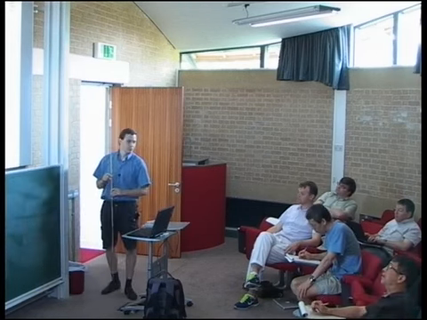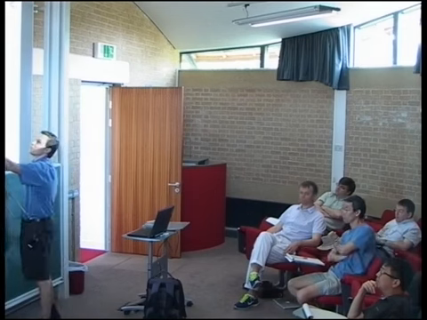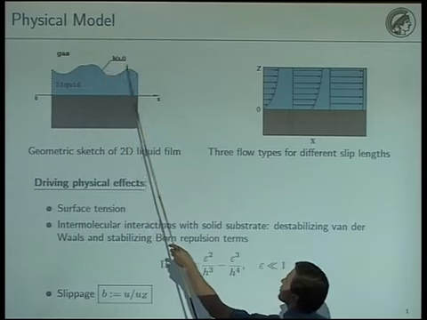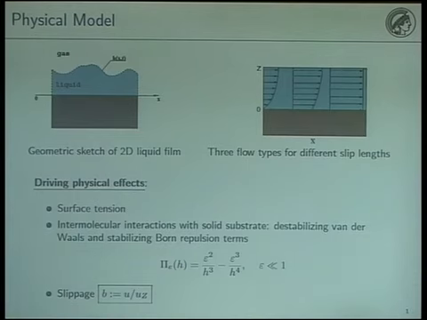So the physical setup of my model is very well known in this audience. You have a liquid film on a solid substrate, say a two-dimensional liquid film, with a free interface parameterized by a function h, which depends on time and position. The main driving physical effects are the surface tension of the film. Also, we consider nanoscopic films.